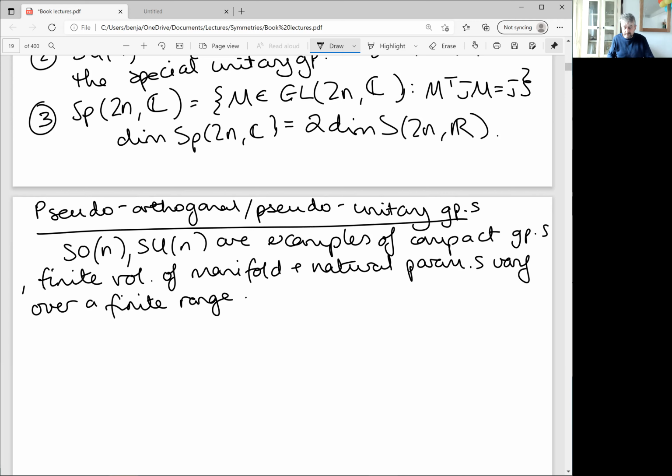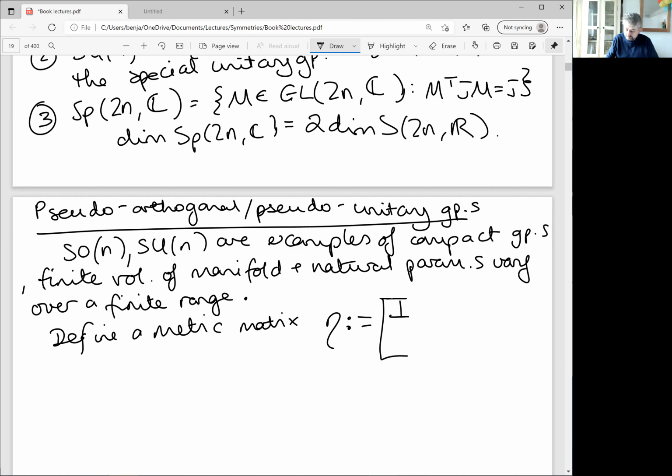So now I want to define these pseudo-orthogonal groups, which is just a bit of a generalization. We define a metric matrix. So eta is going to be an n plus m matrix with block diagonal form like this.